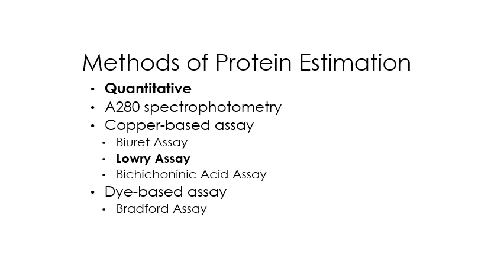Changes in color indicate concentration of protein. So the stronger the signal, the more intense the color produced, the more proteins, the higher the concentration of proteins in the sample. But in this particular case, I'm just going to talk about the Lowry assay.